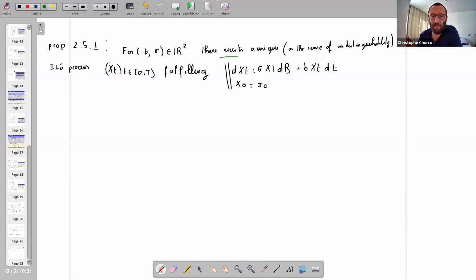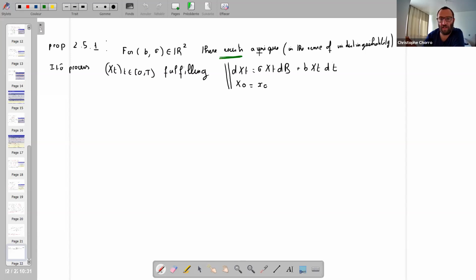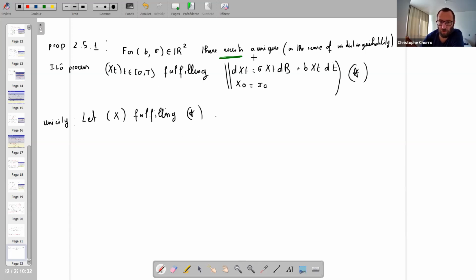Keep in mind that I have the existence. The existence was proved in the previous slide, where I proved that my geometric Brownian motion fulfills the equation I want. So for the existence, it's okay. Uniqueness is the only thing I have to prove. I will call this equation star. So let X fulfill star.